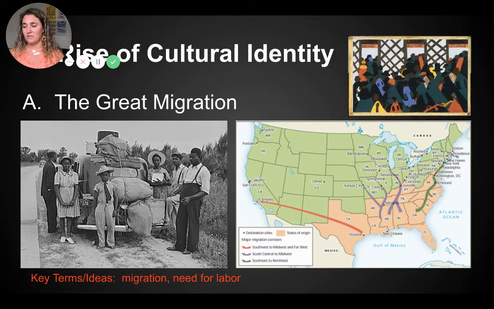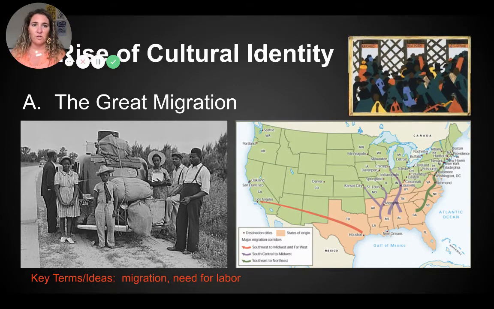And they moved to these northern cities where they were trying to find jobs. They were leaving the violence of the South and looking for these economic opportunities that were available because so many male soldiers were leaving their jobs in the North in order to go fight. And so this allowed for the jobs to be open for these Black workers.